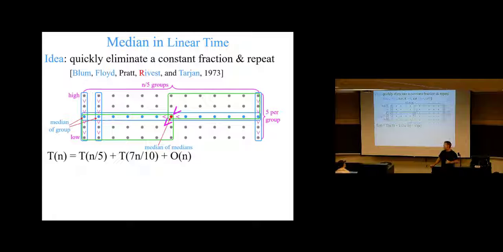So when you call it the second time, it'll only be on 70% or less. The time for inputs of size n is the time for n over 5 for the first recursion, and 7/10 n for the second recursion, plus a linear amount of work to rearrange everything. Other than the two recursive calls, you're just doing a linear amount of work, partitioning everything around a pivot.